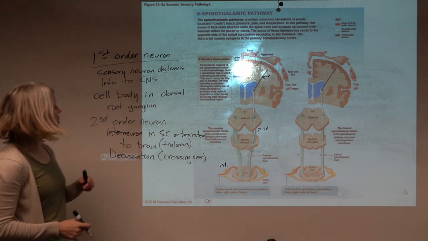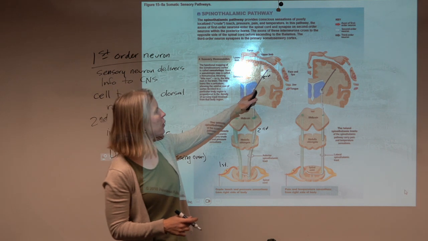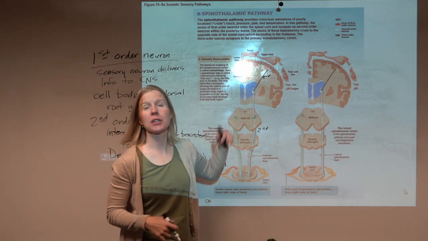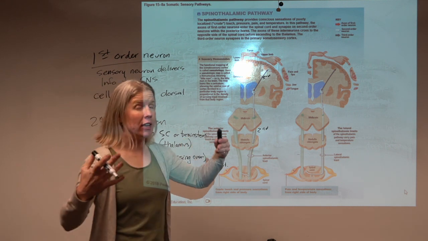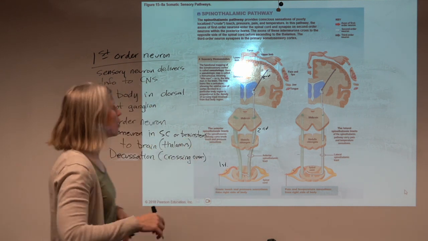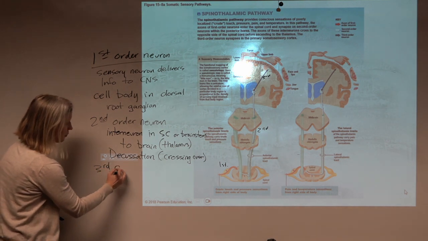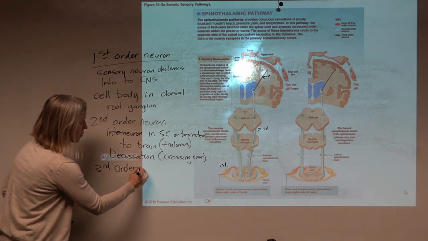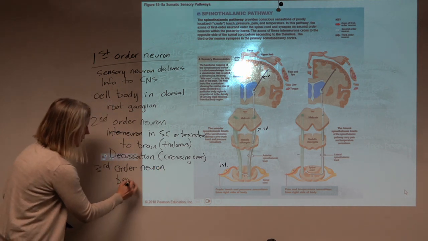Okay, and then our third order neuron, right, is the one up here in the brain, in this case going from the thalamus, but this is the one actually going out to, again, if it's going to enter consciousness, the cortex. So this third order neuron begins at the thalamus.